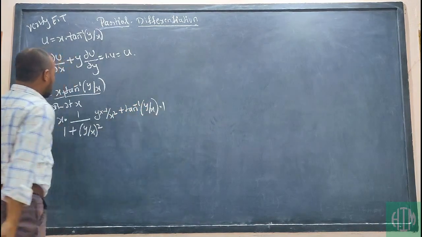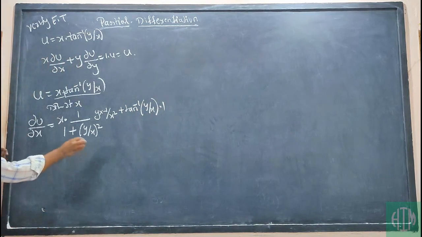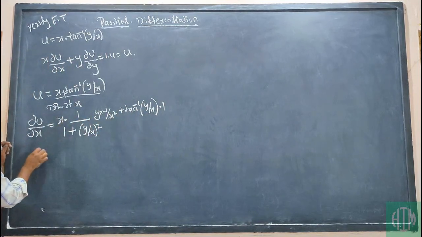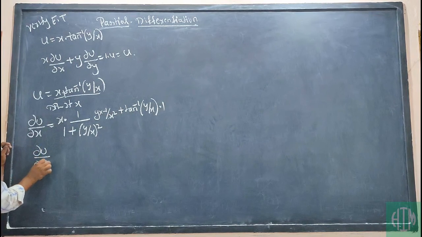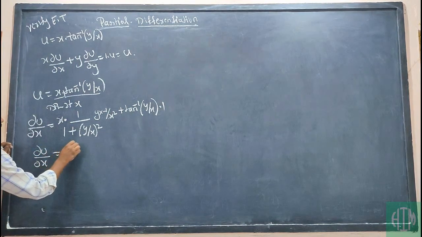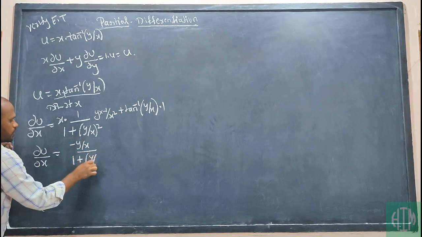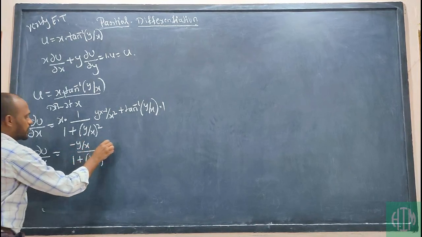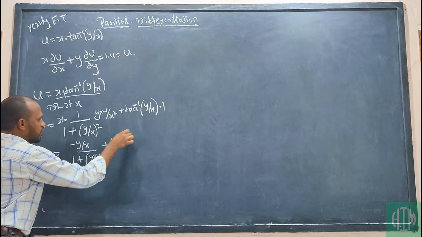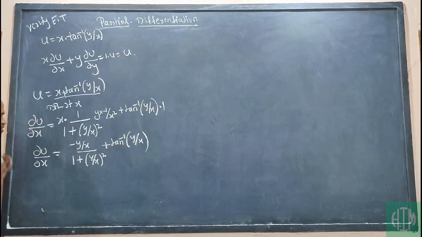First one differentiate: x means 1. Now what happens here? x cancels. ∂u/∂x is equal to minus y by x by 1 plus y by x whole square, plus tan inverse of y by x. First one we have got.